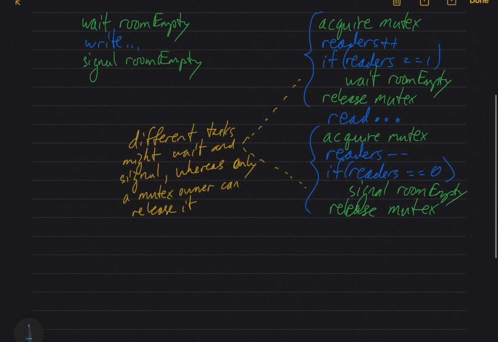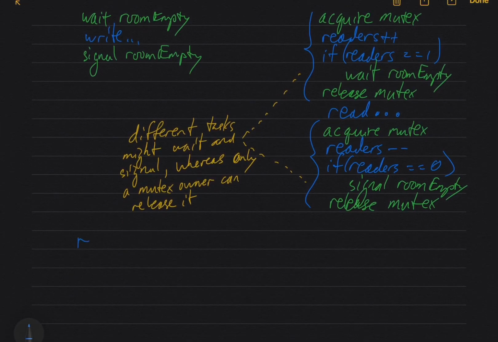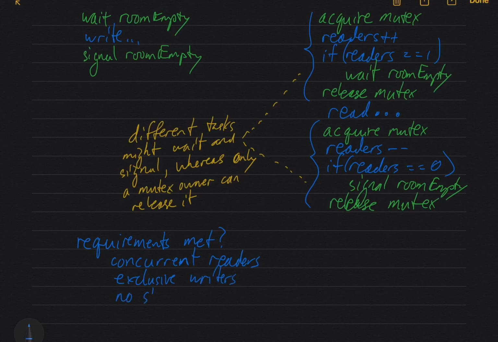So let's look at how we're doing on the requirements. So which requirements have we met? Concurrent readers, exclusive writers, no starvation.